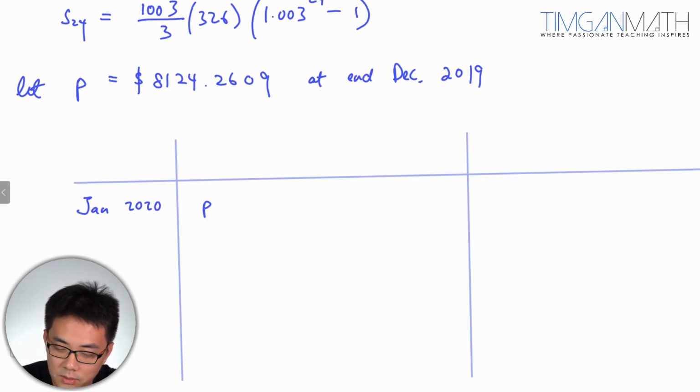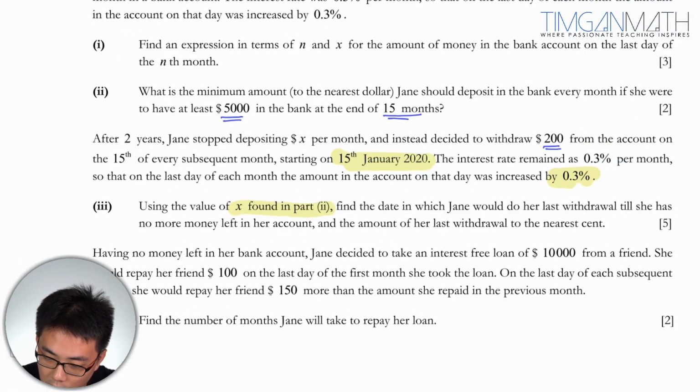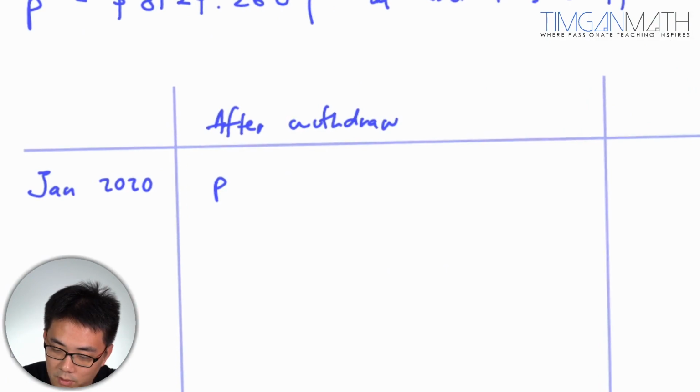Okay, I think at the start of the month there's nothing, no action, right? But after withdrawal, on the 15th, is it? On the 15th Jan, so on the 15th, this is minus 200.